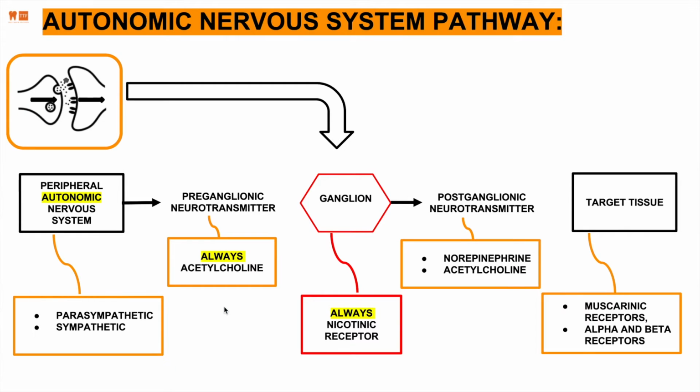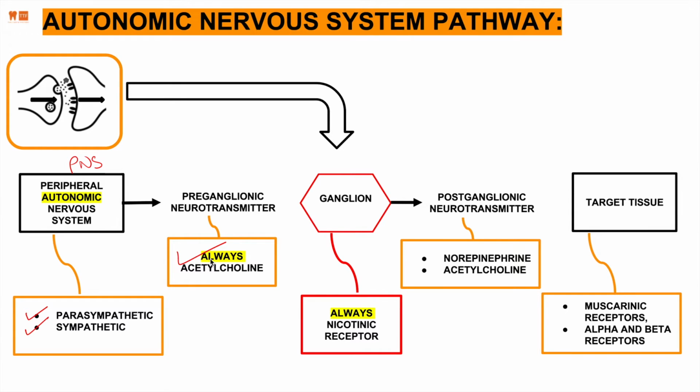So let's take a look at this in a notes format. To help you write this and remember this, we've created this little train. That train is basically this synapse at the ganglion right here, where the PNS, the peripheral nervous system, part of the autonomic nervous system, which can be split into parasympathetic or sympathetic, begins as a common format, where the preganglionic neurotransmitter is always acetylcholine.